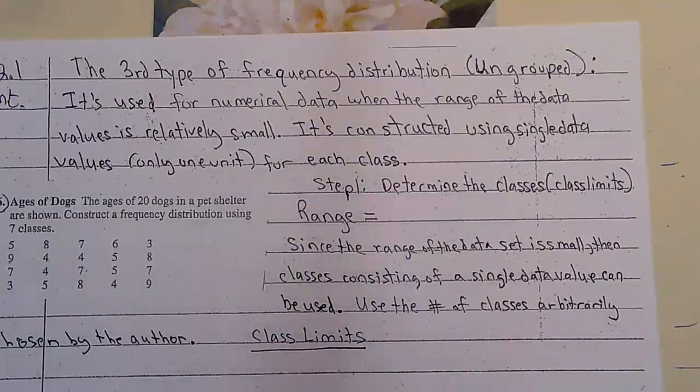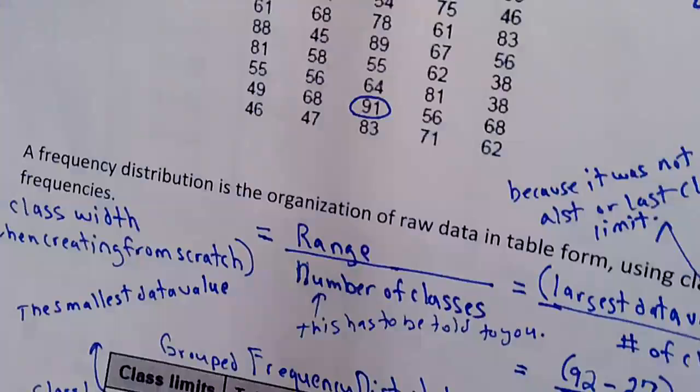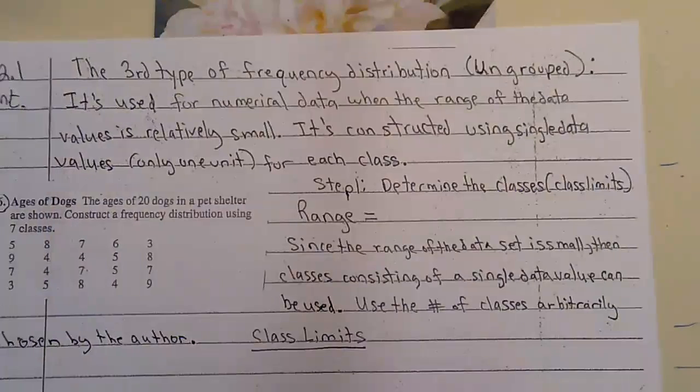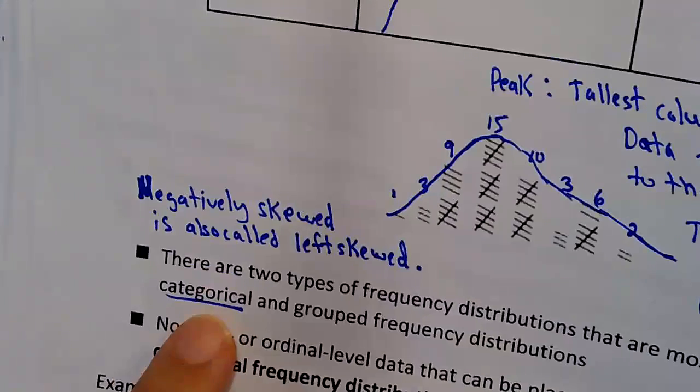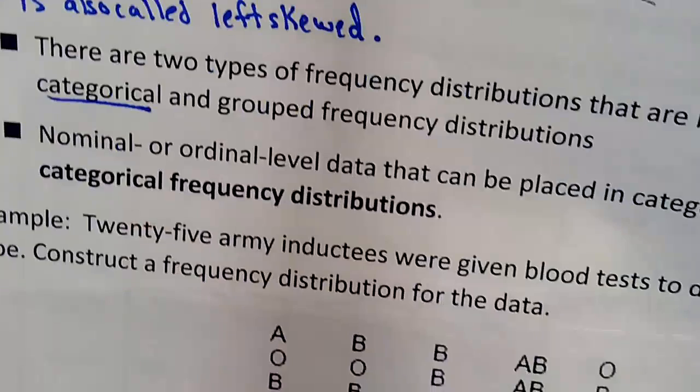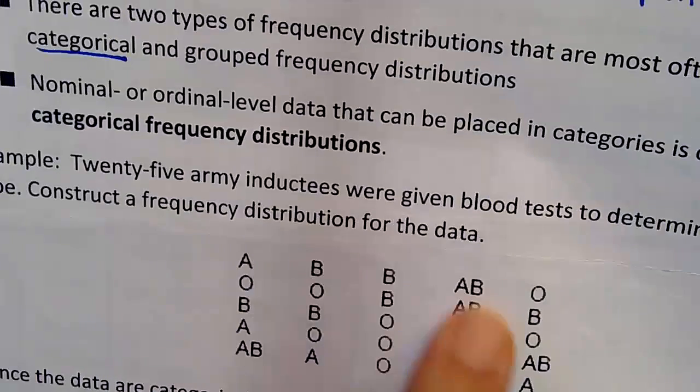And then the second one was the categorical one. So first we had the group frequency distribution, okay? We had large numbers. Then the second one was called the categorical frequency distribution, which had just variables, not numbers, okay?